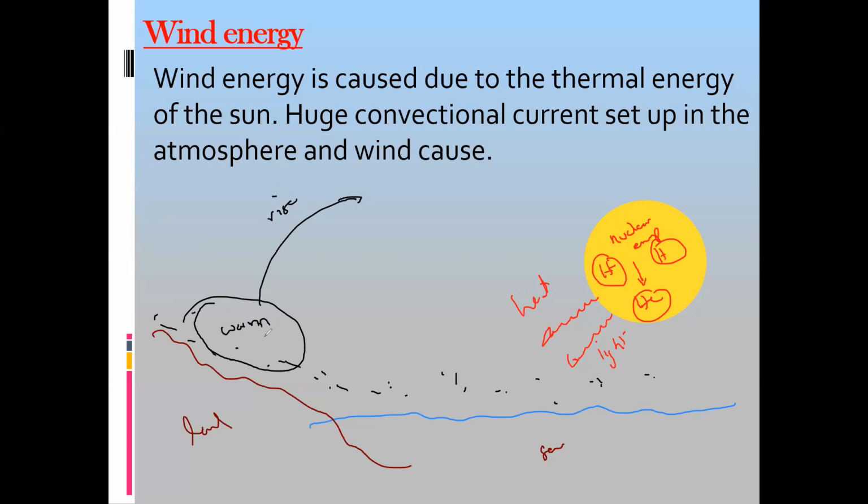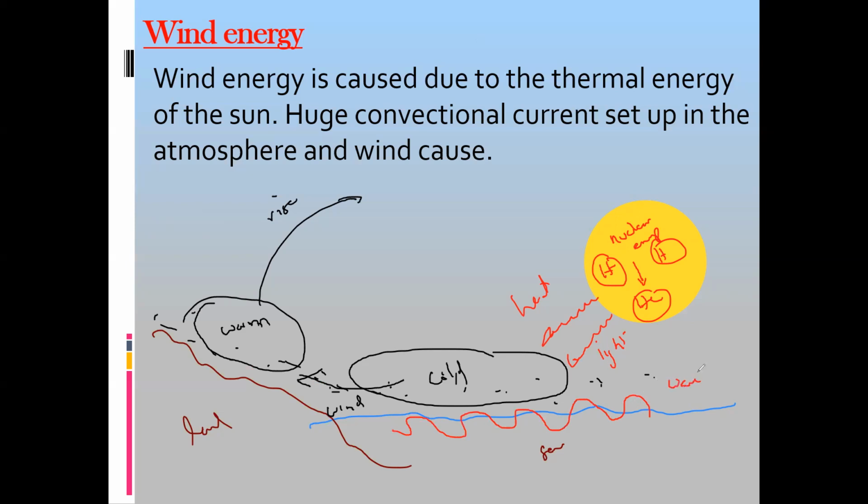So here there are fewer particles of air, so the air which is above the sea starts to move or diffuse towards the land. The cold air will move towards the land, and this movement of the air we call wind energy. And when the wind is moving over the surface of the water, it also produces waves. So it will have wave energy as well.